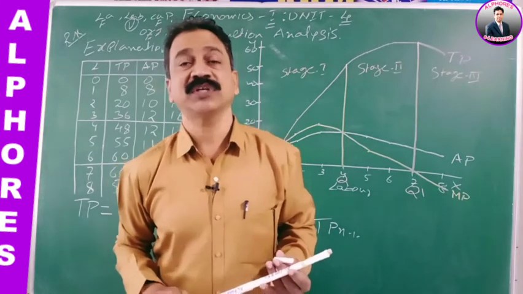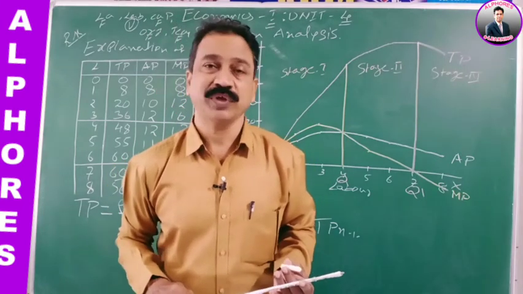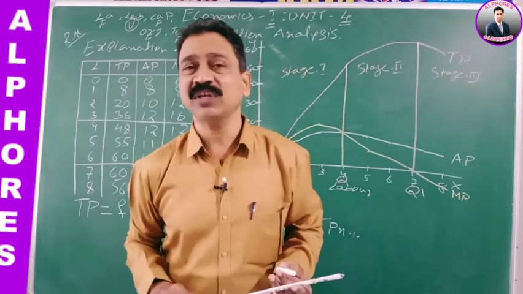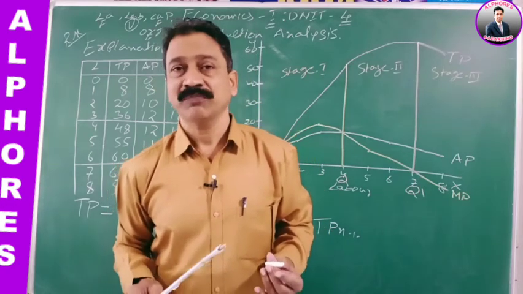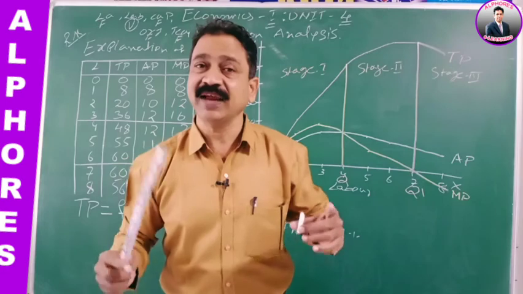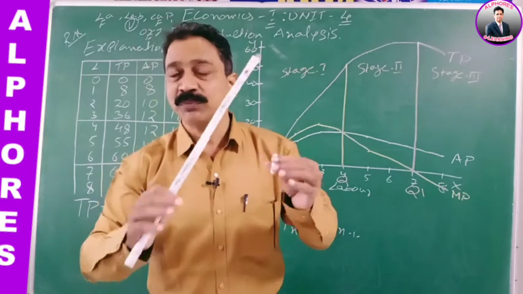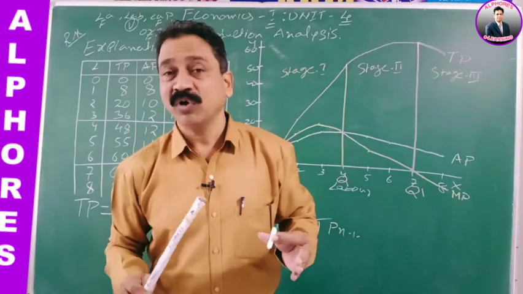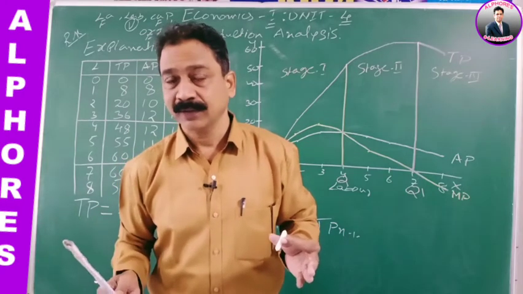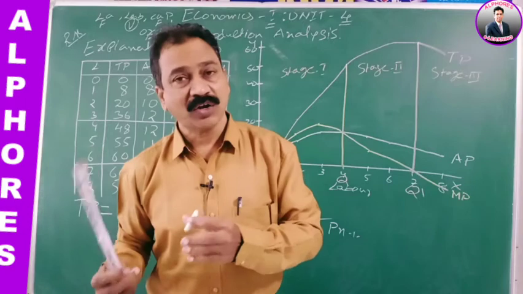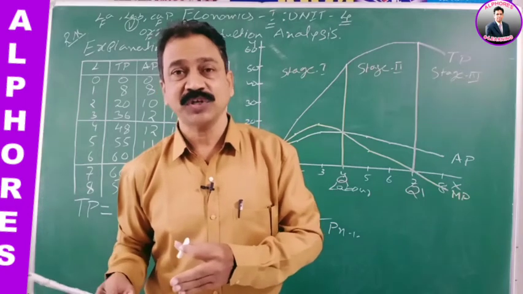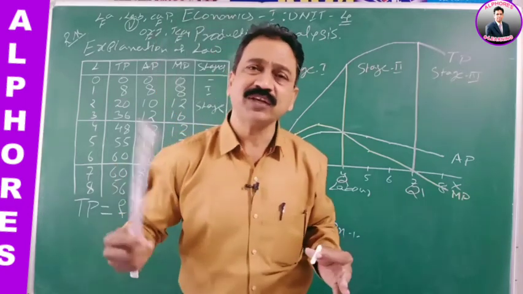Variable proportions. It will be called with 2 names. Why this diminishing returns happens? Because there is a limit to anything and everything, even for the land also. The land can produce up to a limit, and you are not changing land, capital, organization and technology, but you are going on changing only one factor, that is labor.